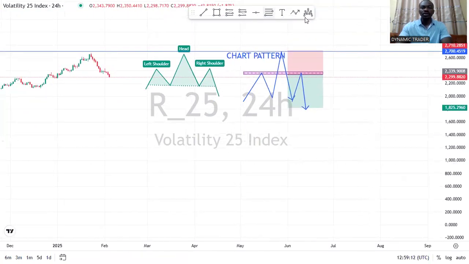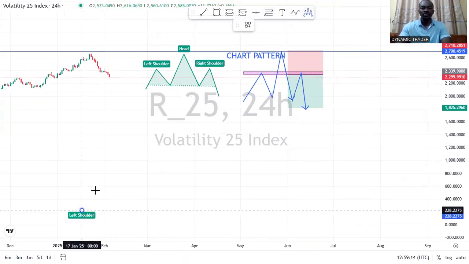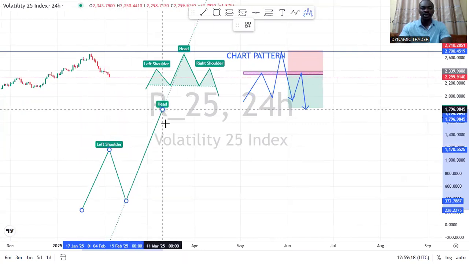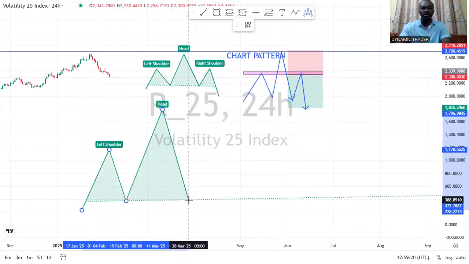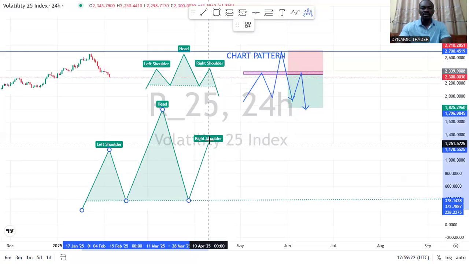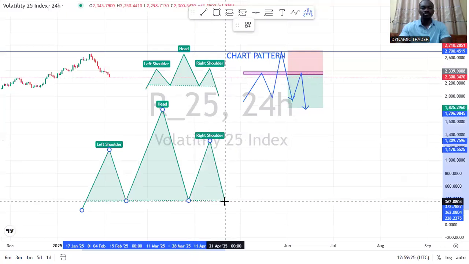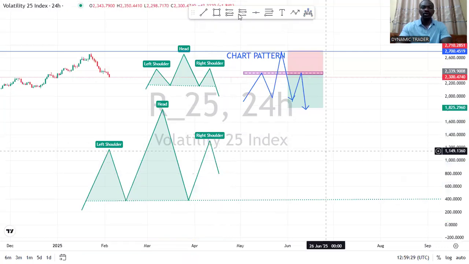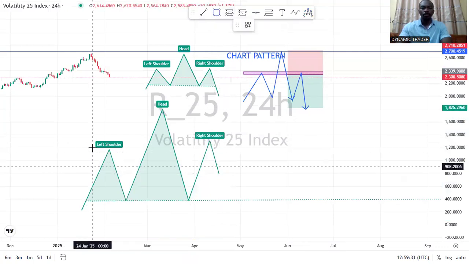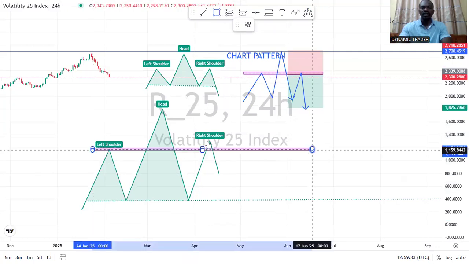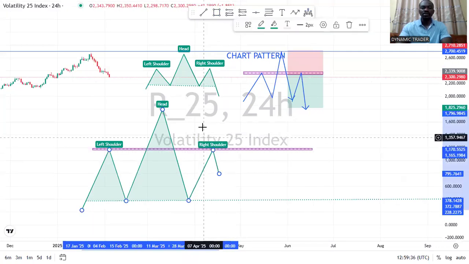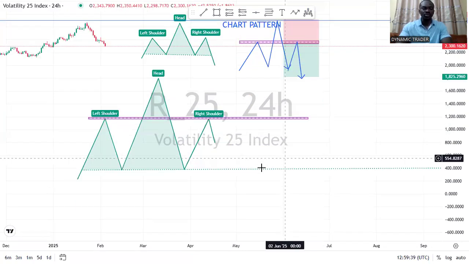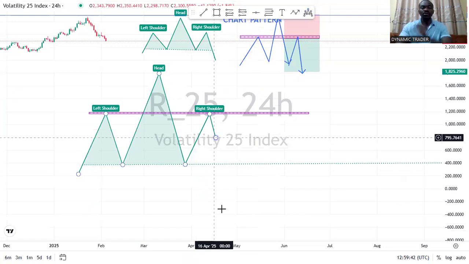When you see that the market has created this left shoulder, the head, and now it has made the right shoulder, let's say it's somewhere here. Retail traders have started selling at this point, but we, the SMC traders, don't get involved in this kind of trade.